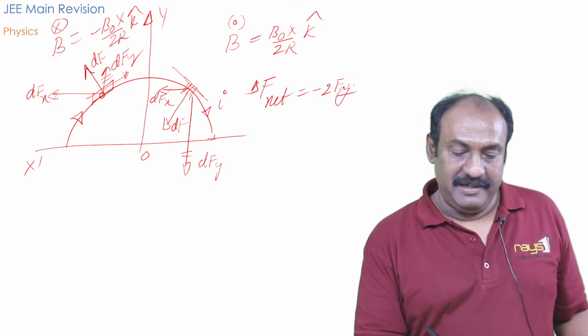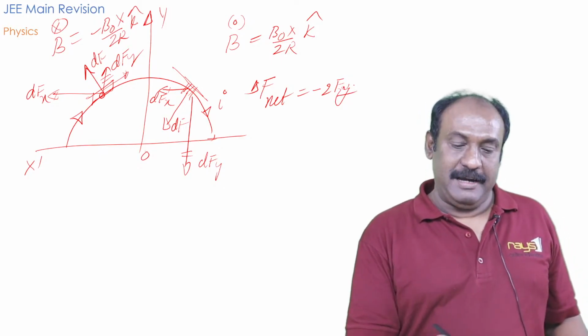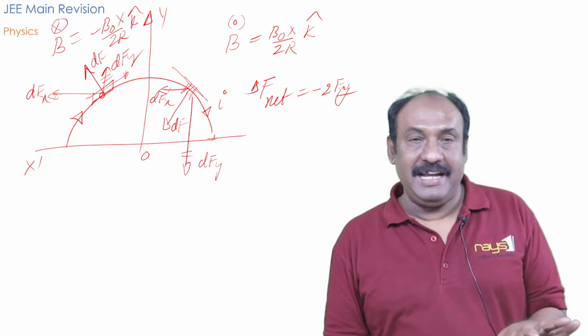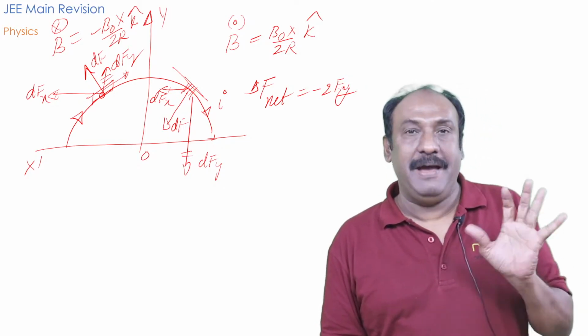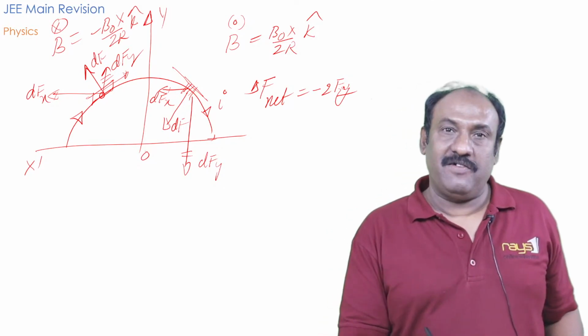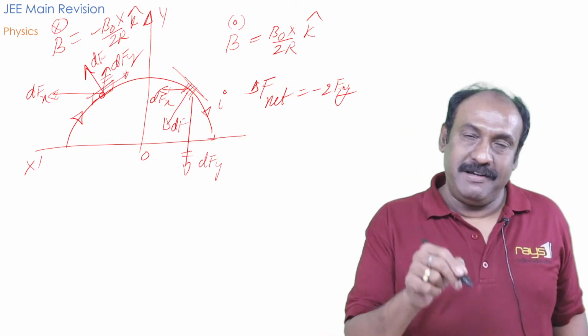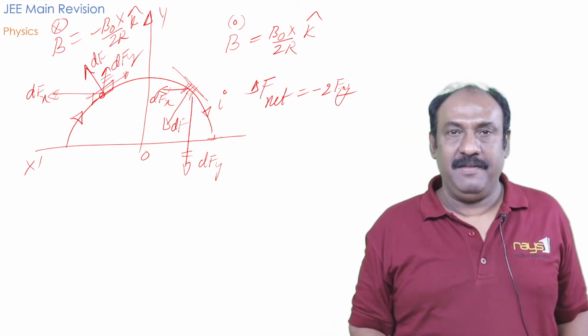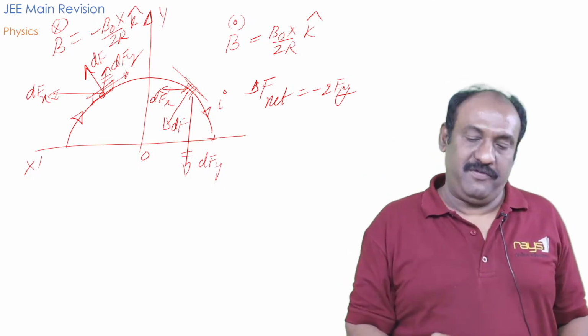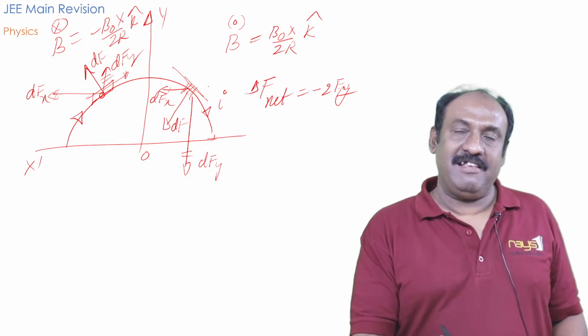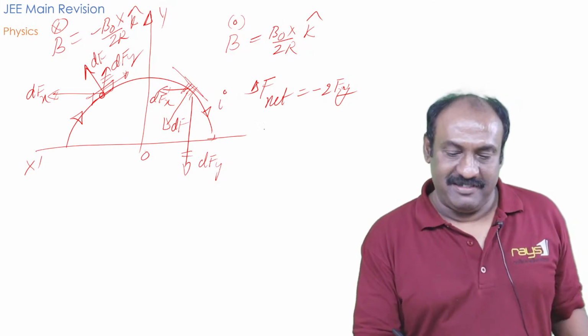So this circular wire carrying clockwise current, kept in the position varying magnetic field, experiences force towards the negative x direction.